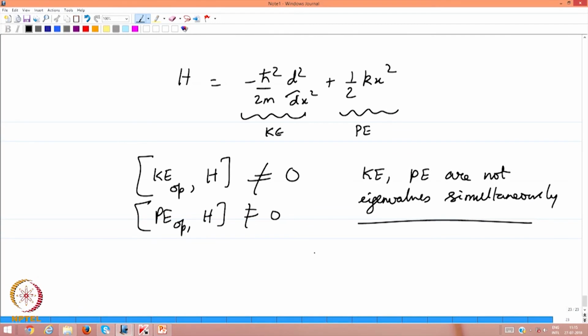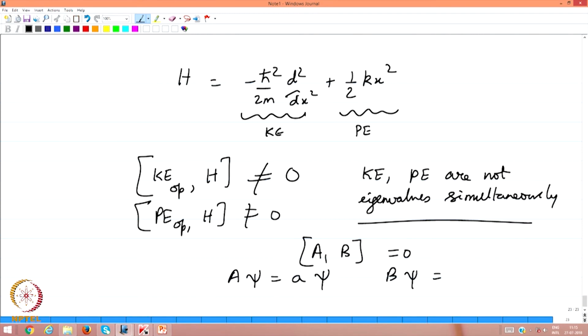What is important for you to remember is that when two operators A and B commute, A on psi x can have an eigenvalue, and B on psi x can have an eigenvalue, with the same eigenfunction but different eigenvalues.